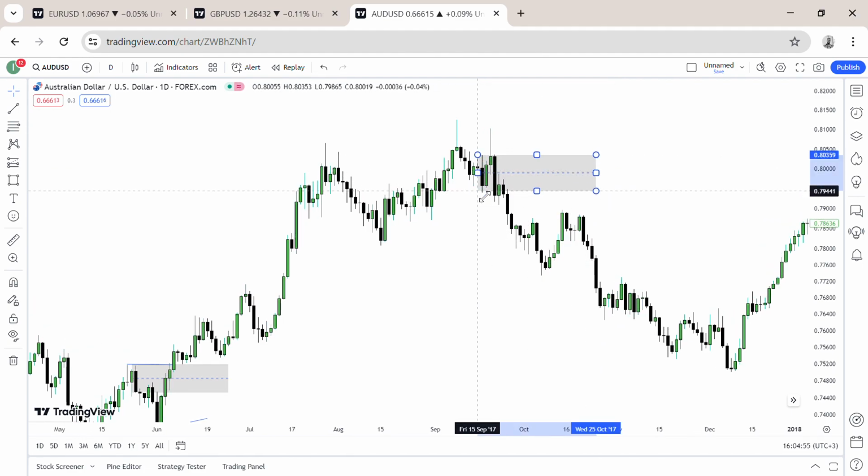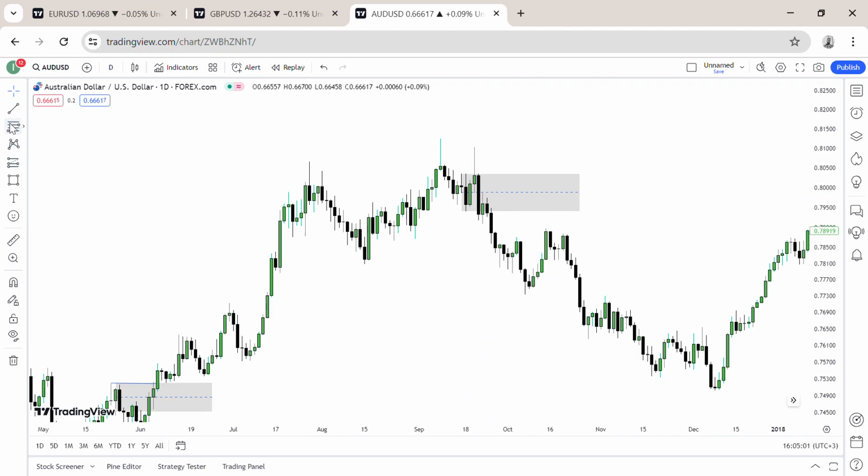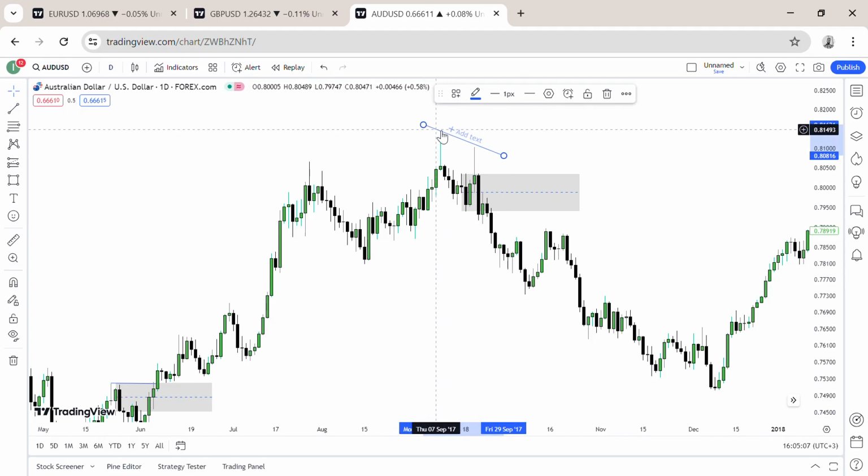Why? Because that's where this price began, and failed to trade above the previous high right there. So the first candle that traded above, causing a failure swing, for me is a mitigation block.